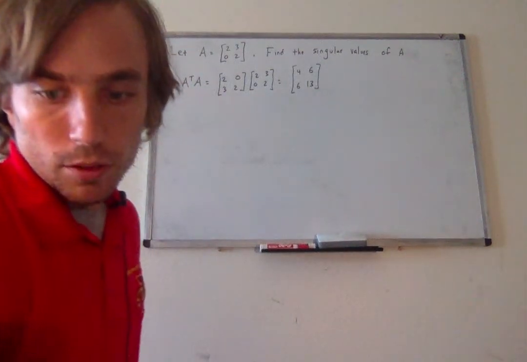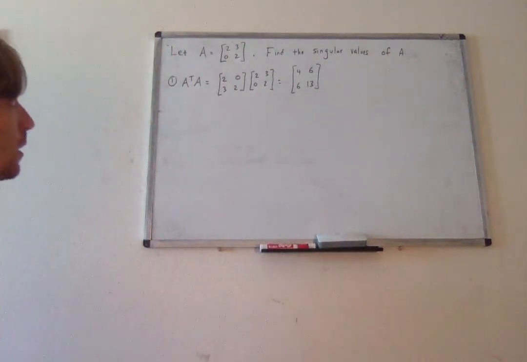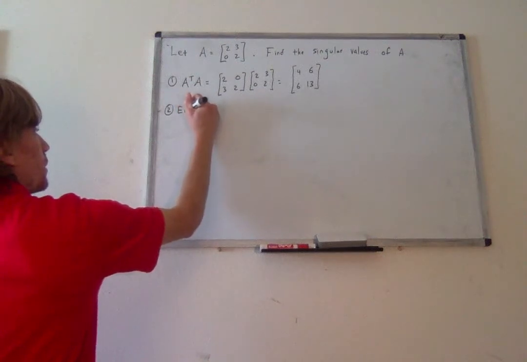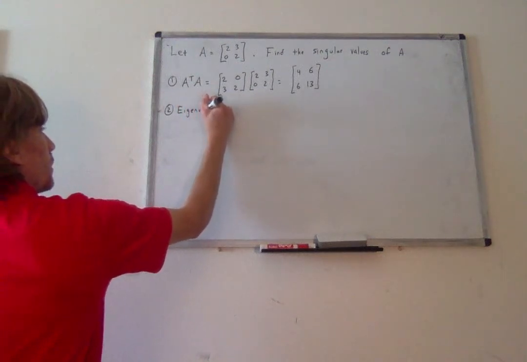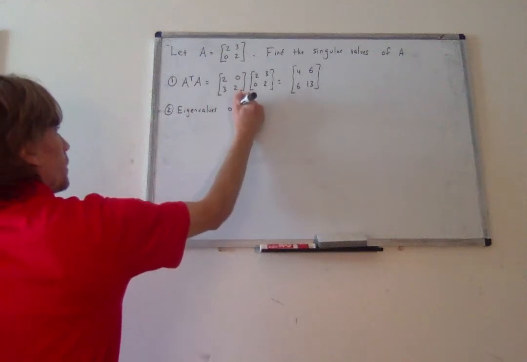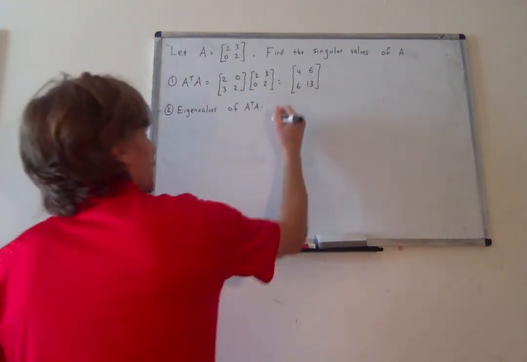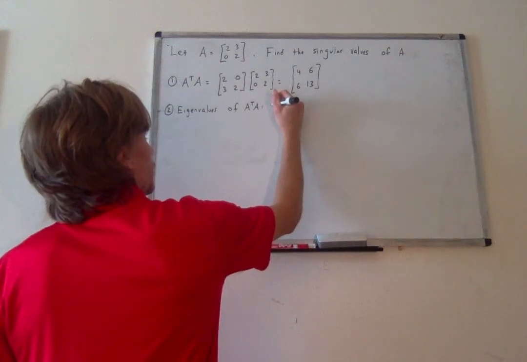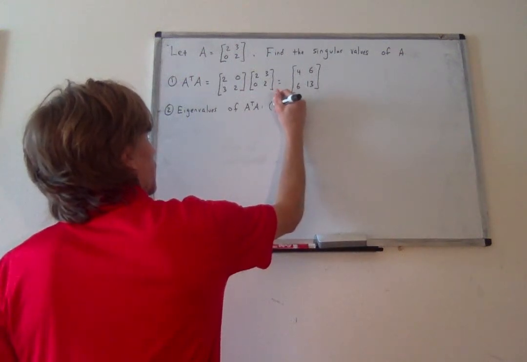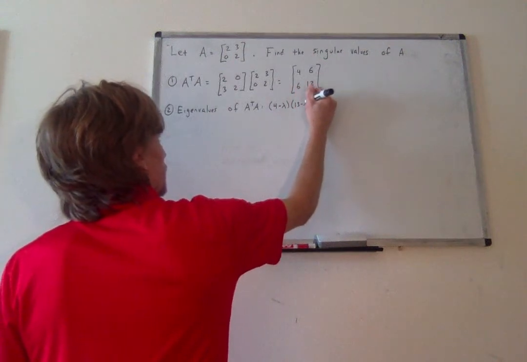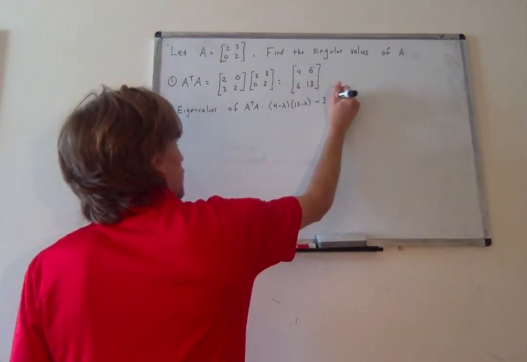Let me make sure I've got that right. Yep. Then you want to find the eigenvalues of A transpose times A. So the characteristic polynomial of this matrix would be 4 minus lambda times 13 minus lambda minus 36.